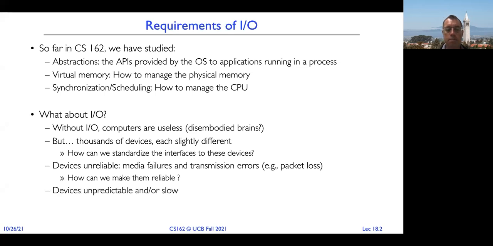Now, the biggest problem, and this is what also makes this lecture maybe a little bit harder, is that there is a huge variety of these input-output devices. Actually, memory is pretty simple. It's an array of addressable bytes, right?